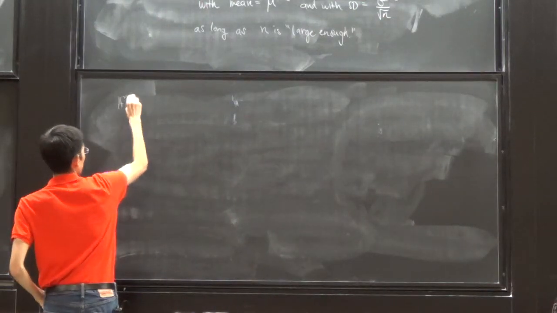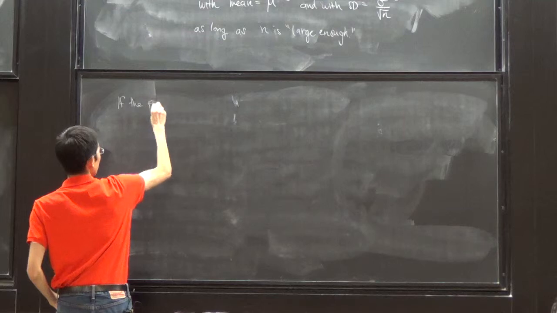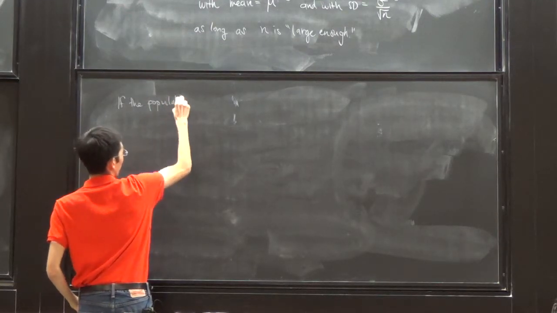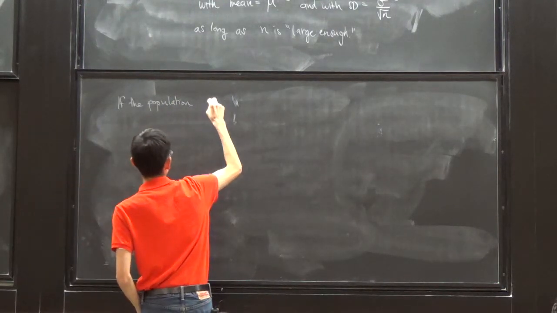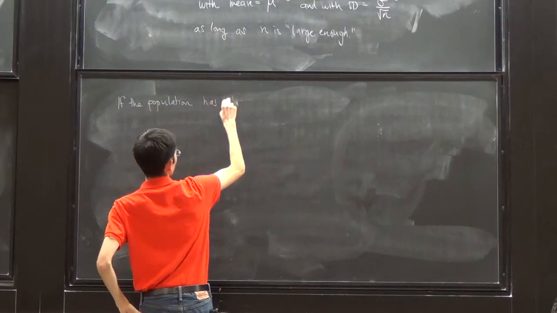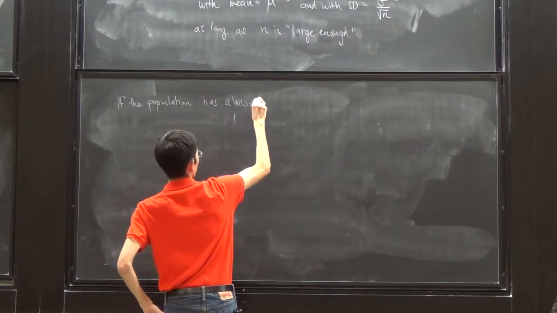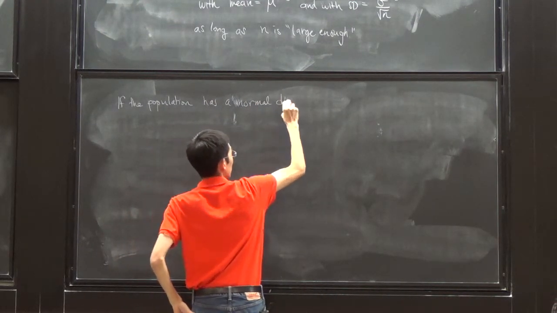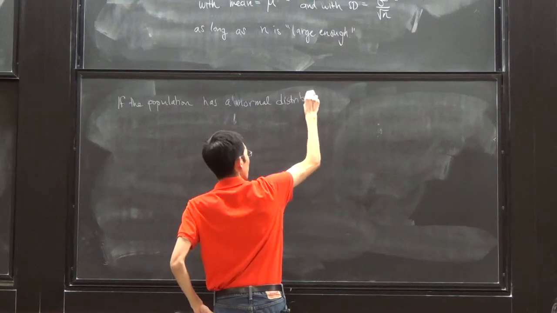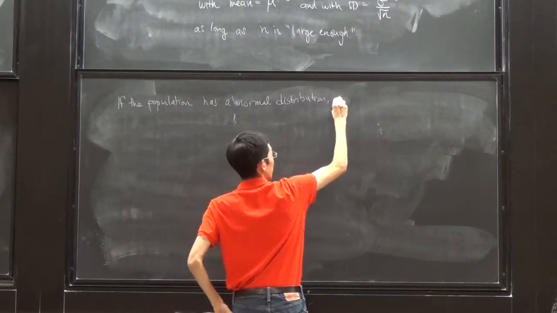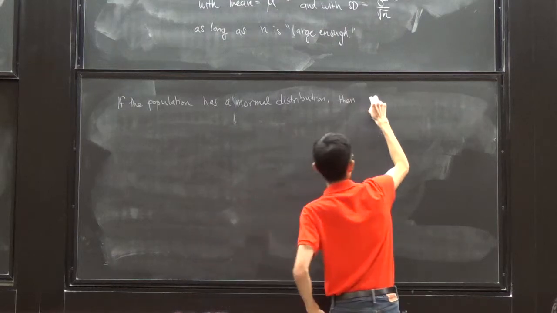If the population has a normal distribution, then any size n is large enough.